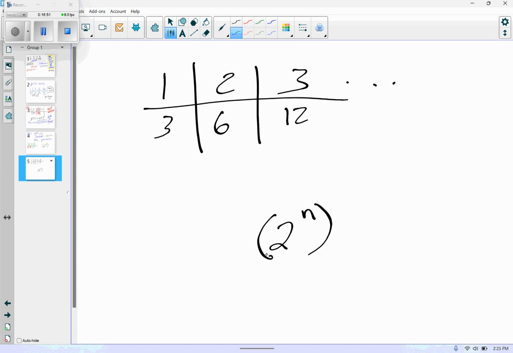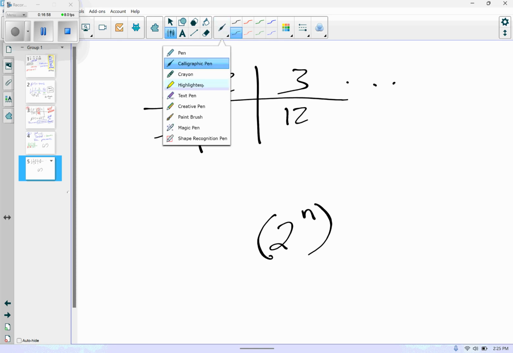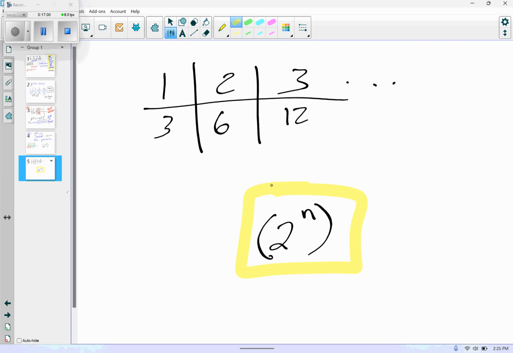Okay. So let's try and think about how this is going to work. What I have right here, if I pull this over to the side, this is actually what I would get. Plug 1 in, I get a 2 out. If I plug 2 in, I get a 4 out. If I plug 3 in, I get a 12 out.